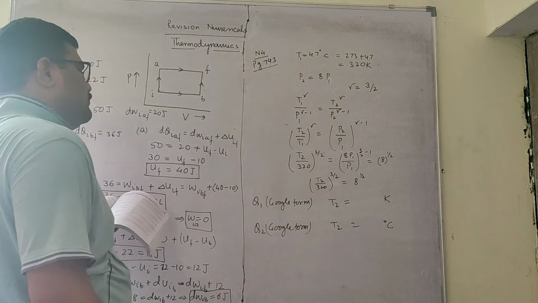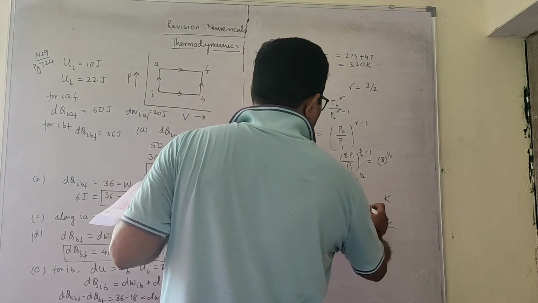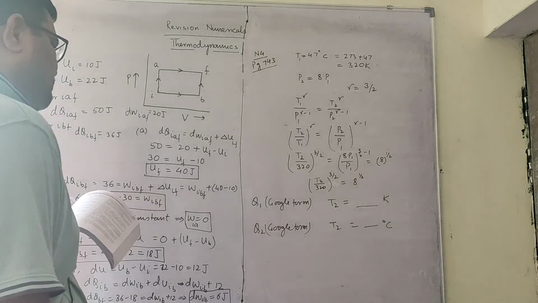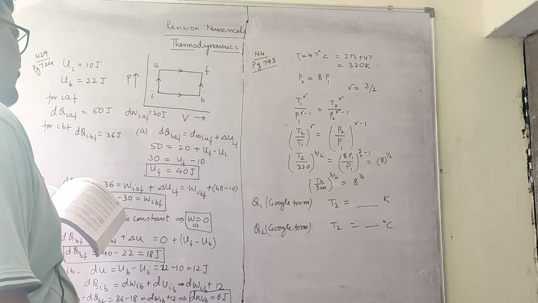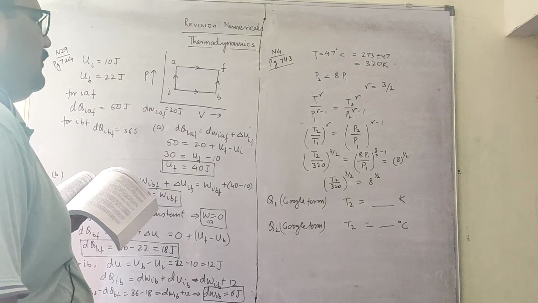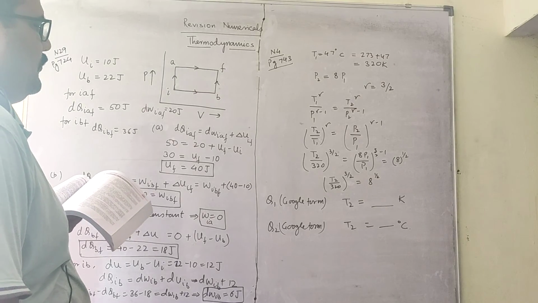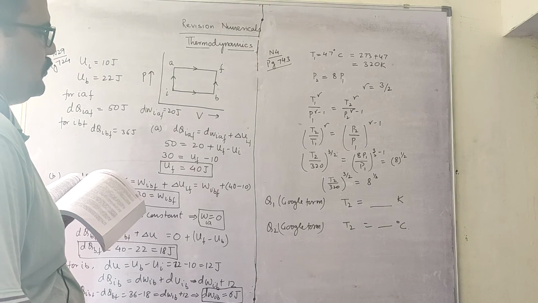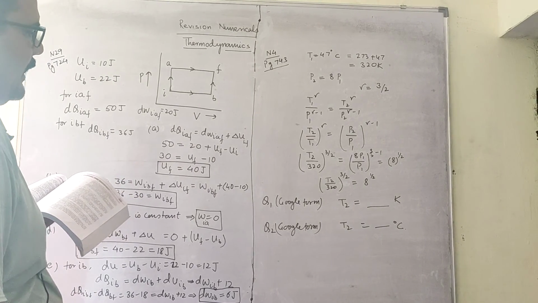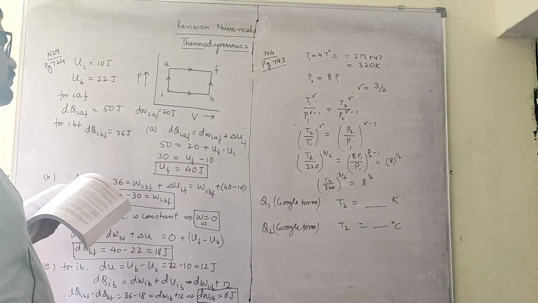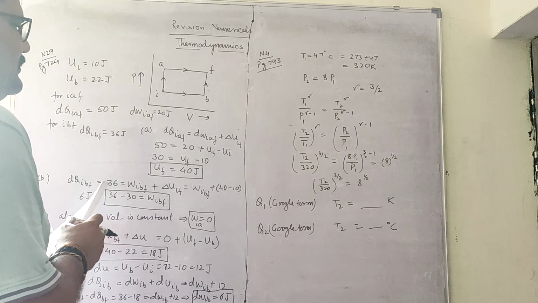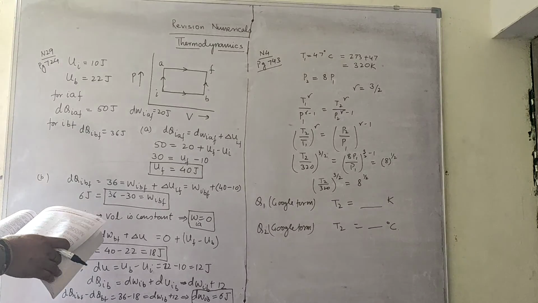This is what you have to solve. You have to write these two answers in your Google form for physics attendance. So solve it for T2. Use your calculator and solve it. Write answer number 1 and answer number 2 in the Google form for physics attendance.